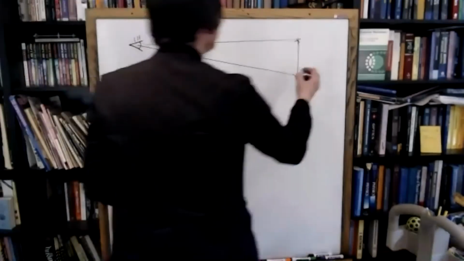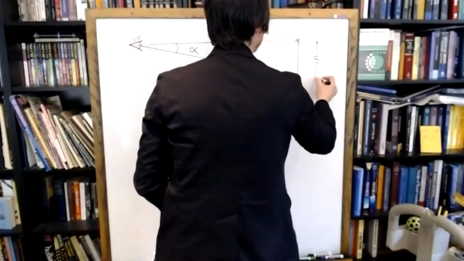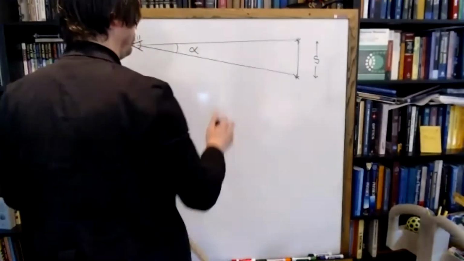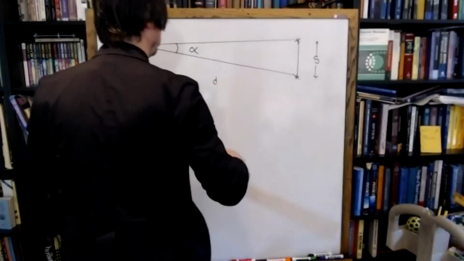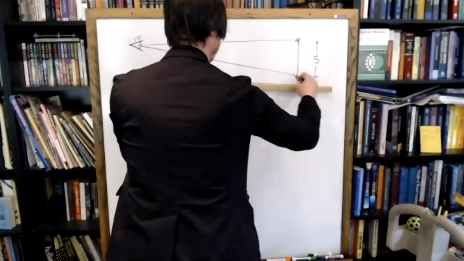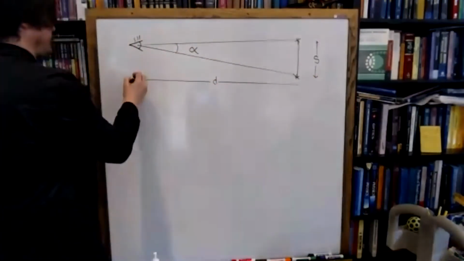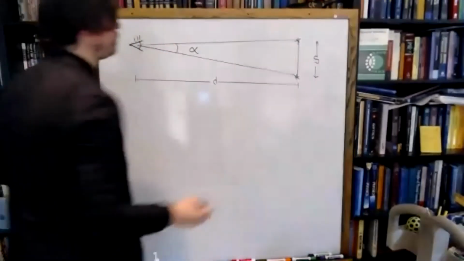We also have to consider the physical separation between the two stars, which I'll call S, and the distance from you, the observer, to the stars, which I'll call little d. Okay? You guys got this?